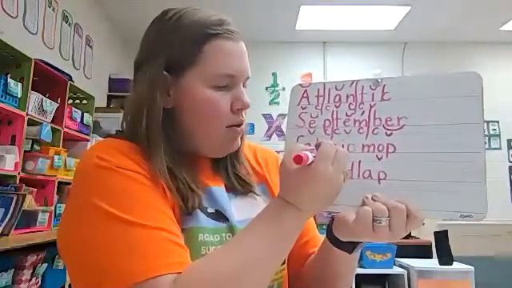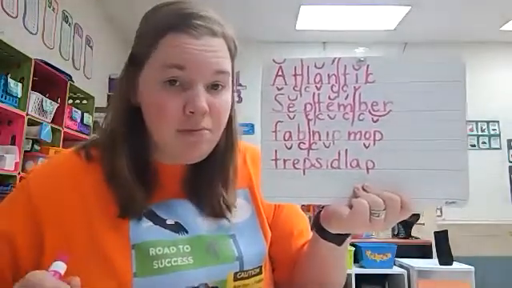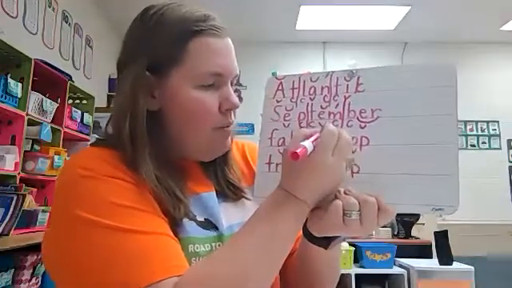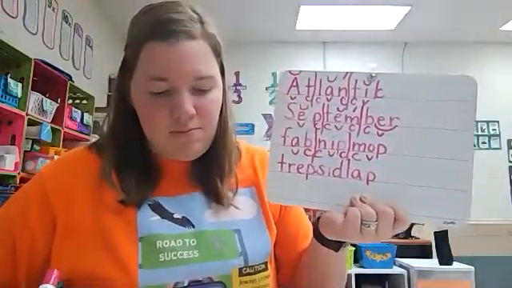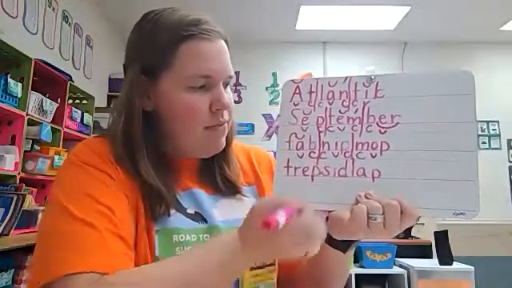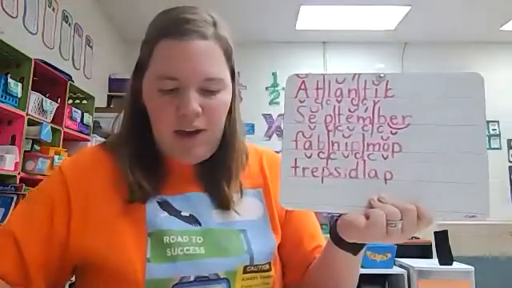So we have a VCCV. We're going to divide between the B and the N. Then we have another VCCV pattern between the P and M. This A will get a breve, the I will get a breve, and the O will get a breve.